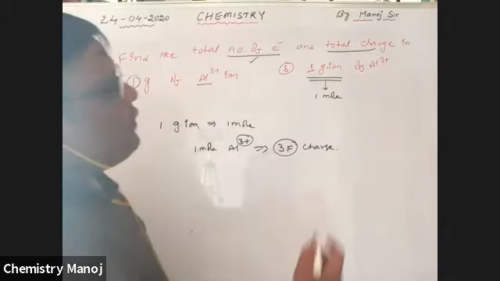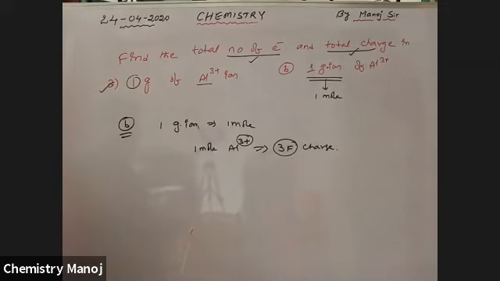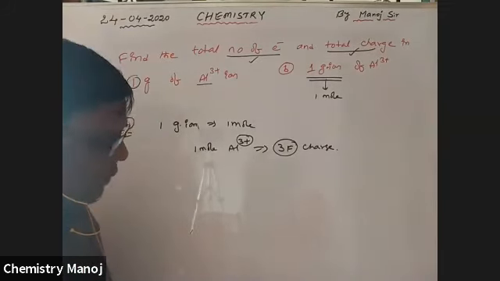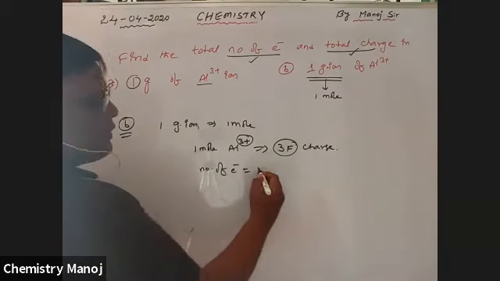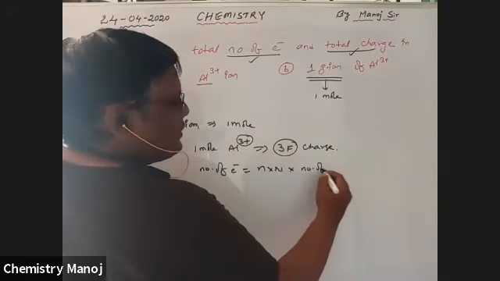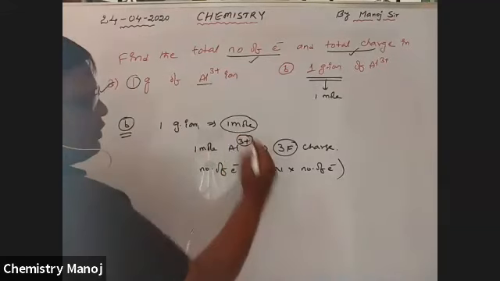So first of all, I calculate the charge: 3 Faraday. Now calculate the number of electrons. Number of electrons is equal to small n into capital N into number of electrons in one species. Because it is 1 mole, small n is equal to 1.